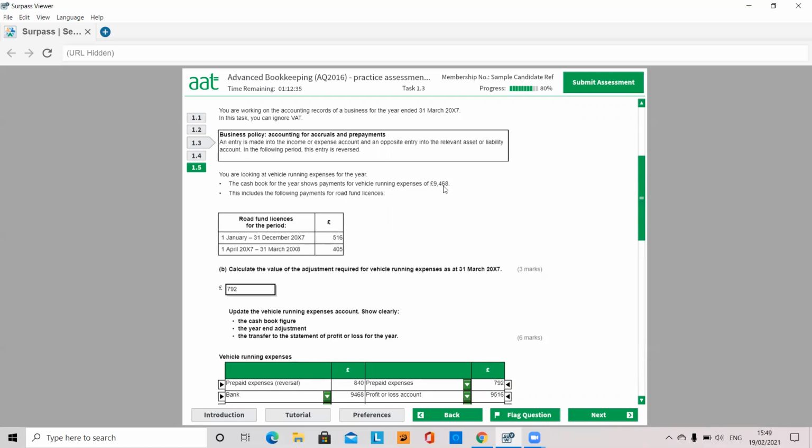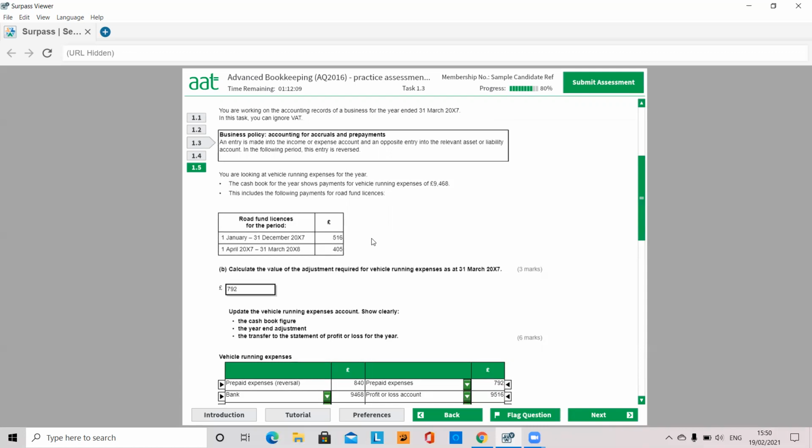So again, out of that 9468, we've paid this, so we need to take elements of it out. Bearing in mind our year end is 31st of March 2007, the 405 is a prepayment because we've paid that up front. So we need to work out how much of that first one, the 1st of January to the 31st of December, relates to this year.